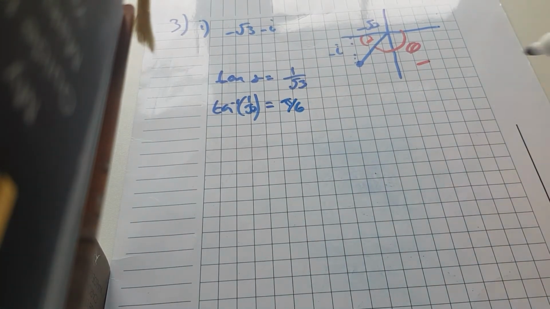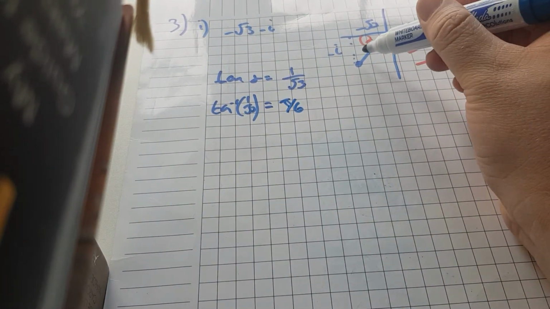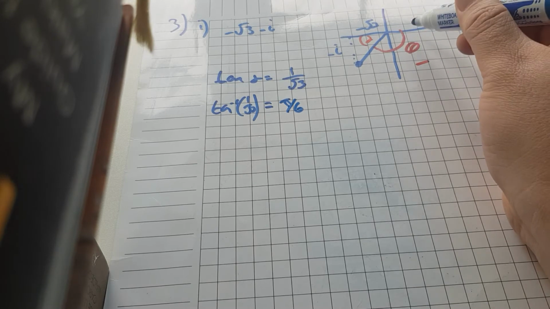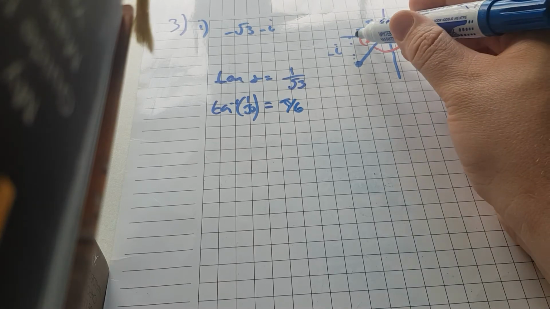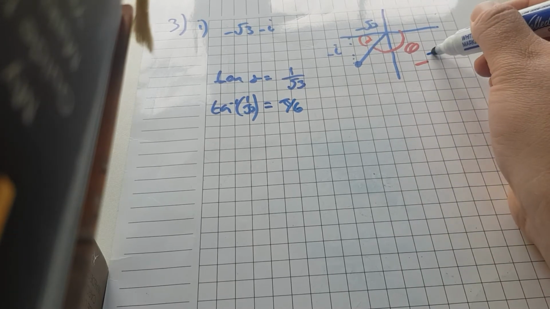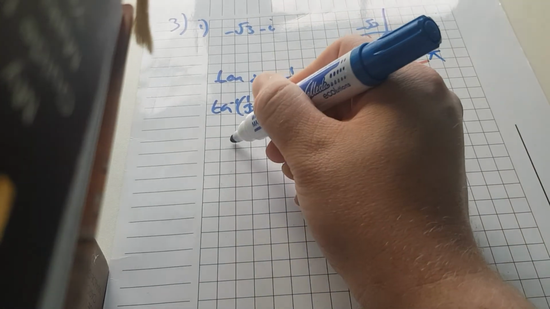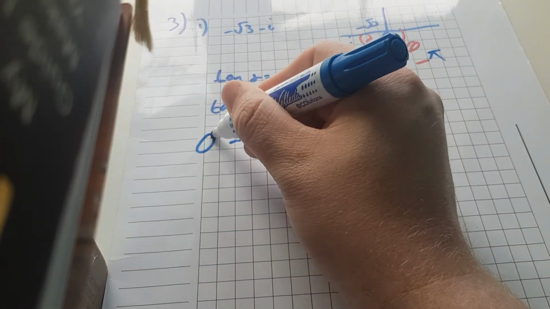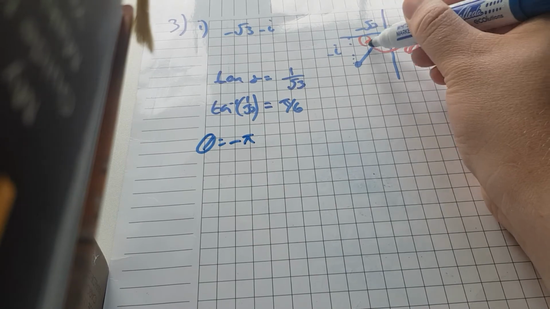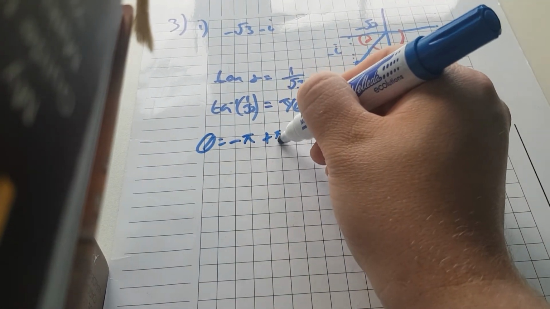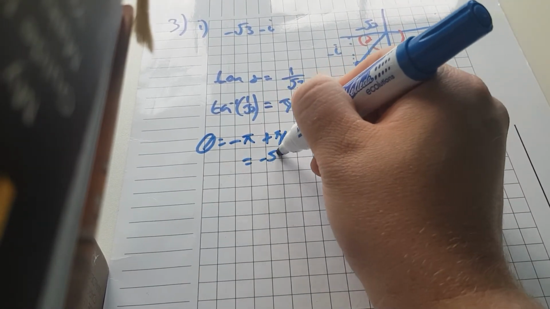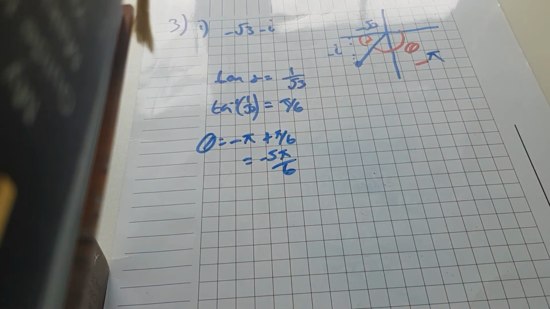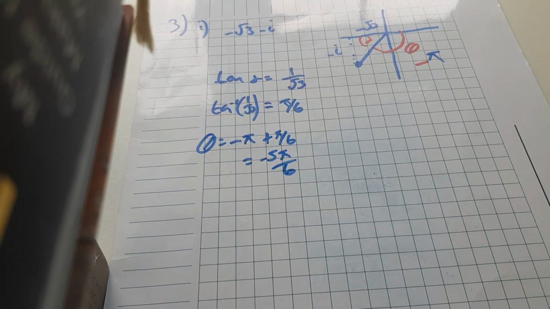Okay. So now to find the argument, if I got the whole way over, it would be negative pi. So it's minus pi plus whatever this is, so plus pi over 6. So it's minus 5 pi over 6. So that's my argument.